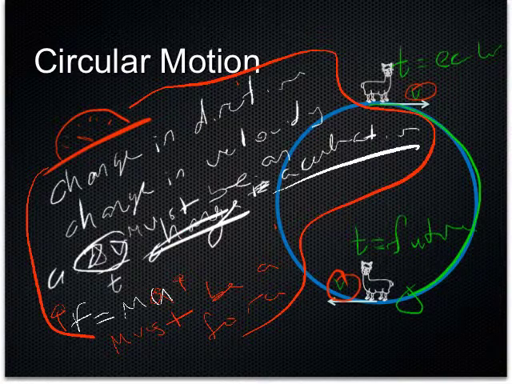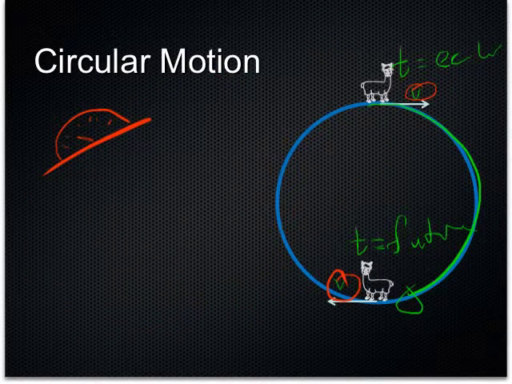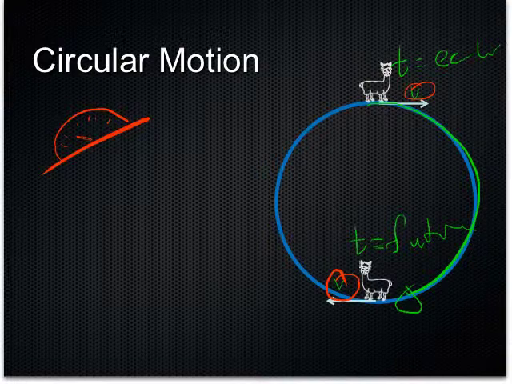What does all this tell us? Let's have a look. Going around at constant speed, there must be a force. Now, we can't actually have any force pointing in the direction of the velocity. There can't be a force applied to the llama in that direction, because if there were, we would make the llama go faster.